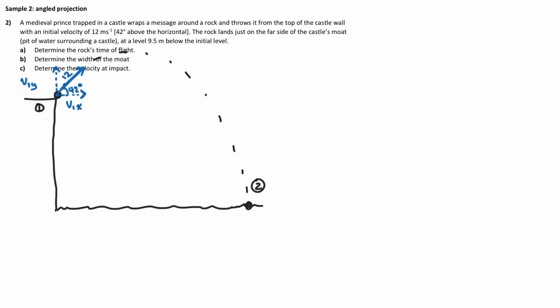In the final stage, it's going to land something like this. It's going to have a vertical component, which I'm going to call V2y, and a horizontal component, V2x. My acceleration is going to be in this direction, and that's the acceleration from 1 to 2.